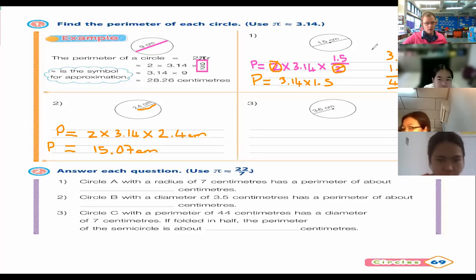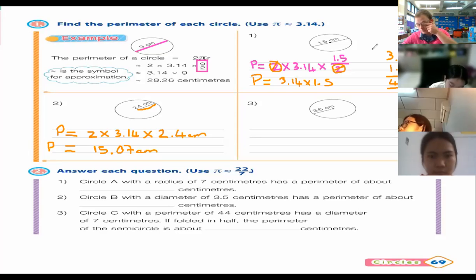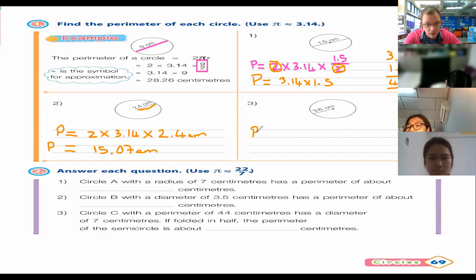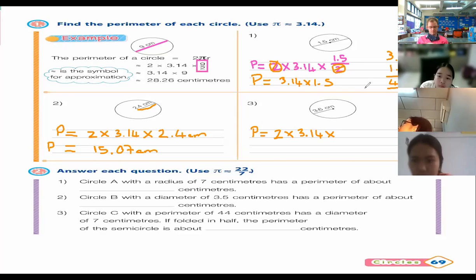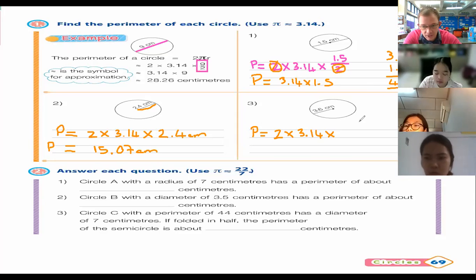Okay. And quickly for the last one for today, before we finish off, let's do the last one. So the perimeter equals 2 times 3.14, which is pi, multiplied by what number? Is the last one? You can tell me. 3.6. 3.6, excellent. 3.6, because that's the radius.